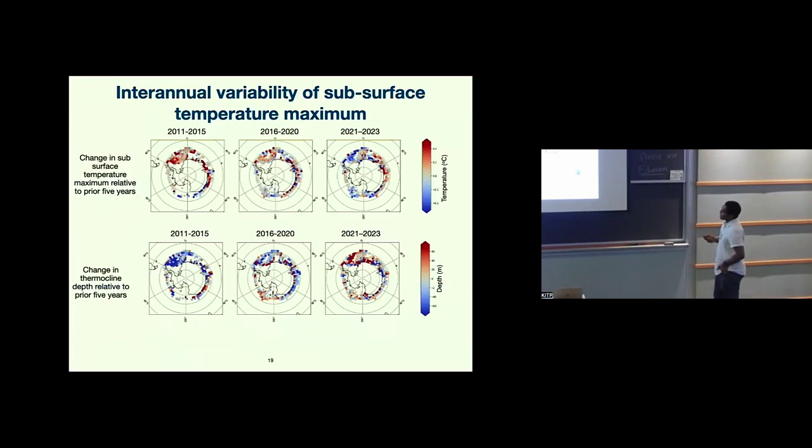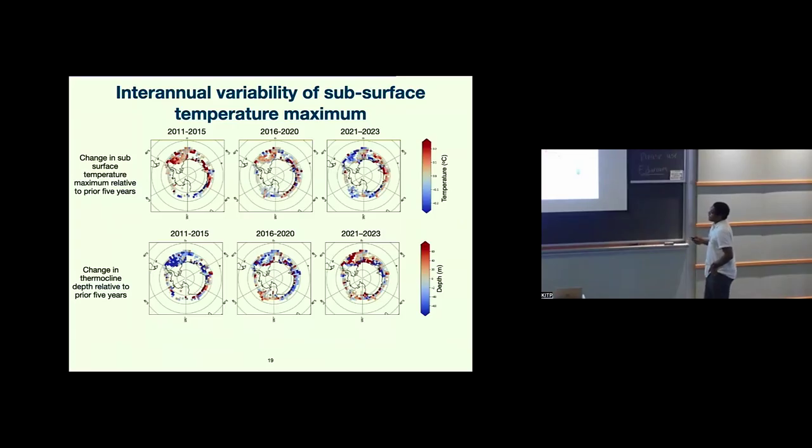And what you see is that this warming and shoaling of the thermocline started well before the sea ice started to retreat, right? In particular, it warmed and shoaled the most during the sea ice expansion. And so if we're going to argue that it's the upwelling that's driving the sea ice loss, then you need to explain why it didn't drive sea ice loss when there was a sea ice maximum.